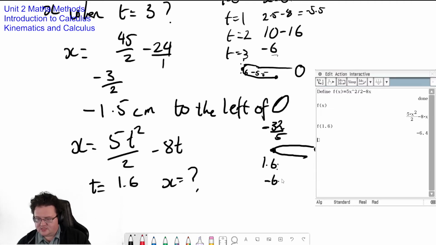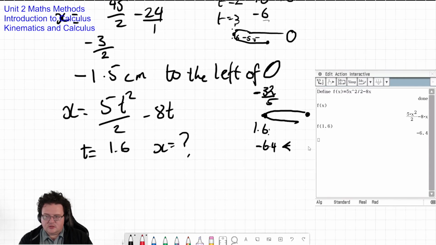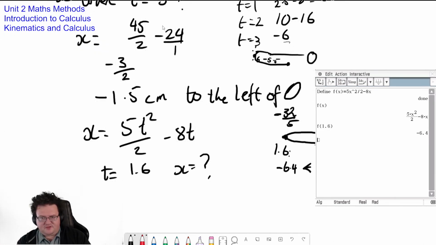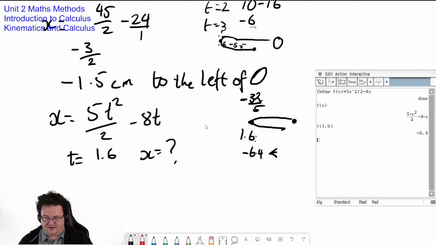So that's negative 6.4 to the left. So earlier, after 3 seconds, we worked out that it was 1.5 to the left. That means it went all the way out to 6.4 and then came all the way back to 1.5.